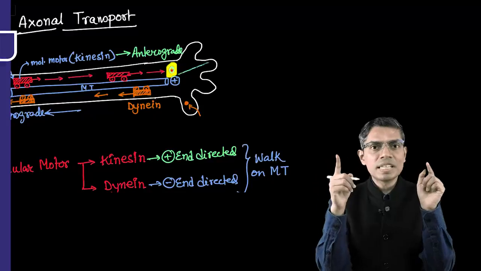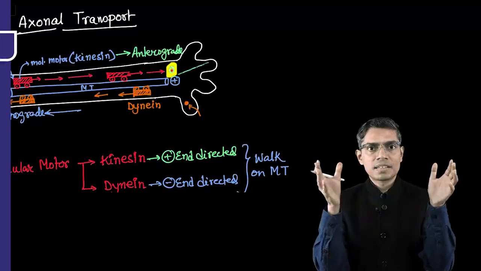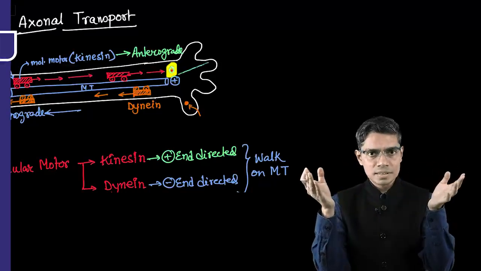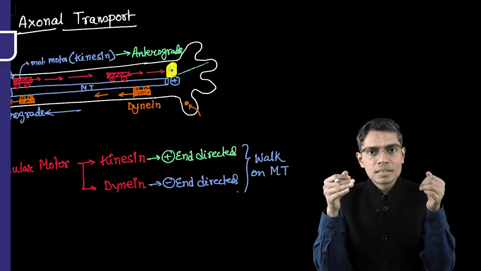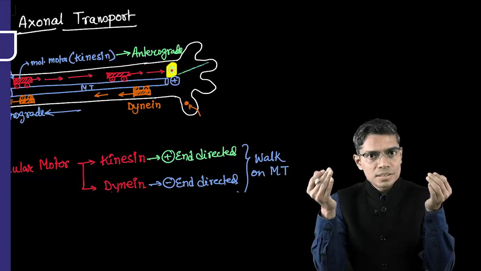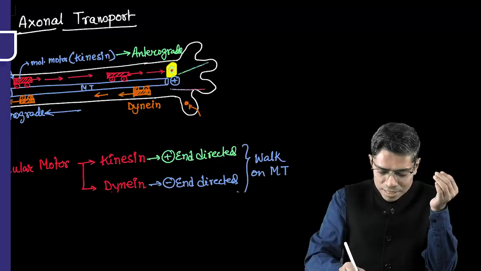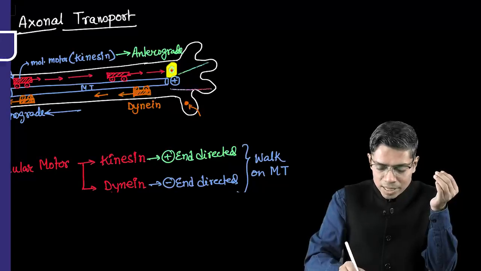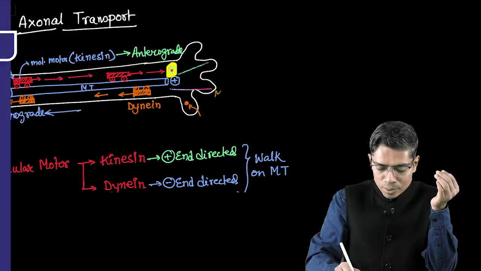I told you about the Indian railway system. You know that it has the Rajdhani Express and there are multiple local trains. So kinesin and dynein are like the Rajdhani Express, but you also know there are local trains. So there are pathways for local trains which extend from the end of the microtubule up to the cell membrane, and this pathway is formed by microfilaments.